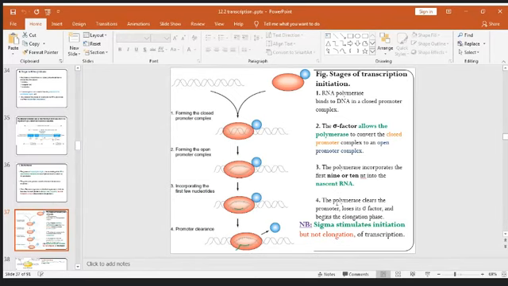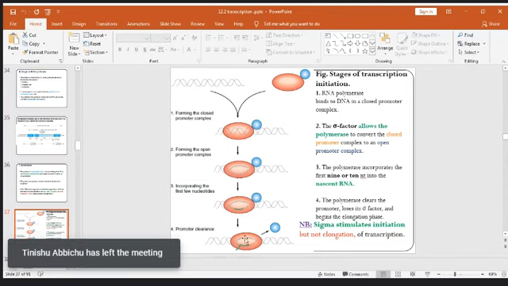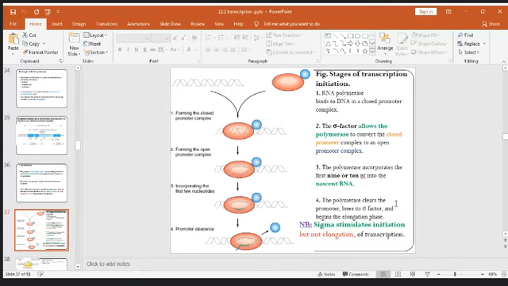The polymerase clears the promoter region. After identification of the promoter region, the sigma subunit of the RNA polymerase will be lost from the other subunits and the elongation process begins. These four steps, up to the point where elongation begins, are called the initiation of the transcription process.